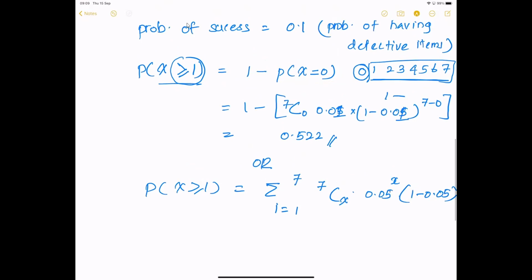This one is okay, this one is 1, this one is 1. I made a mistake. Into 1 minus 0.01 to the power 7 minus x. This one we can solve by using a calculator. By using these notations also, we can take the same answer, right?